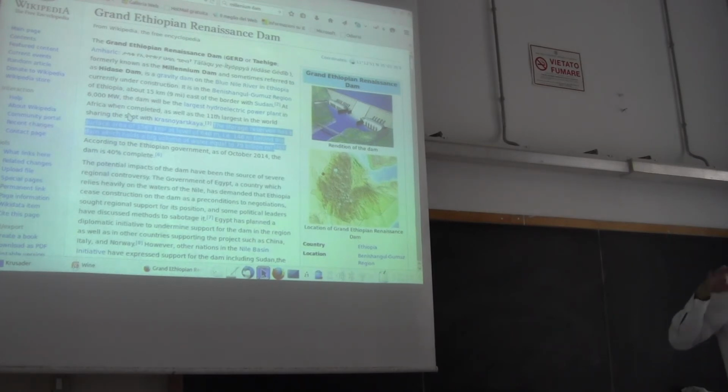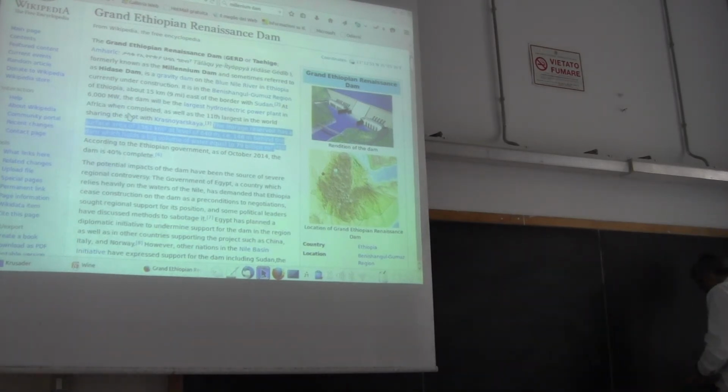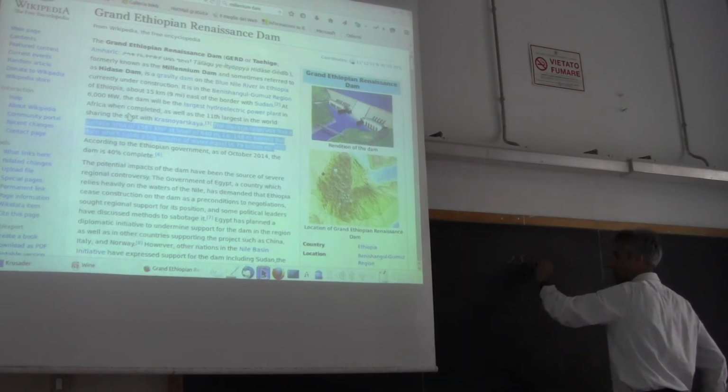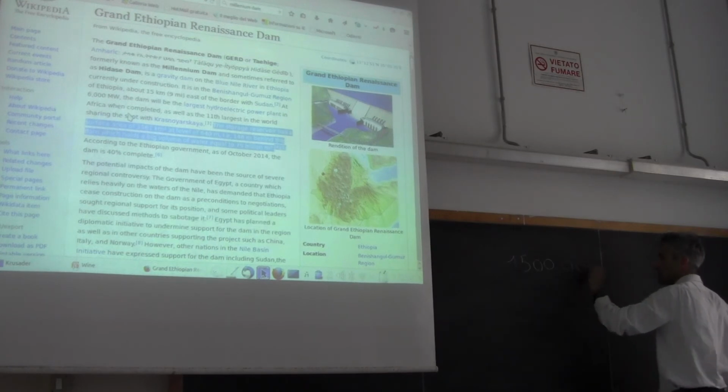And basically, if you think the dam is 1,500 square kilometers, and an evaporation of, let's say, 1 meter per year, which is like an average at the global level, then let's see how many cubic meters of water are lost every year. So basically, if you have 1,500 square kilometers, to get in meters, you have to add 6 zeros.